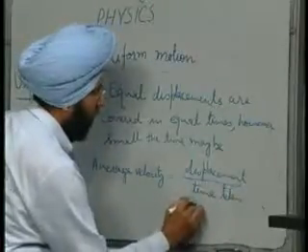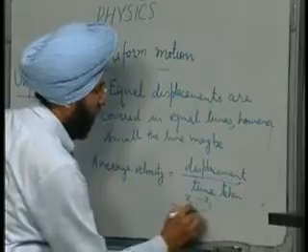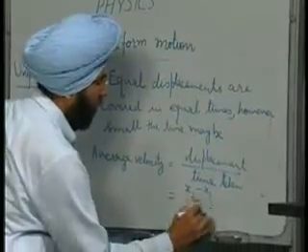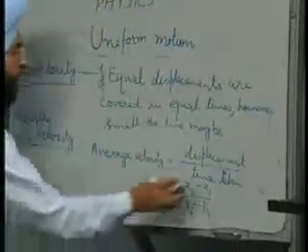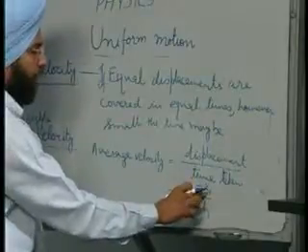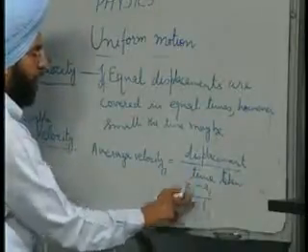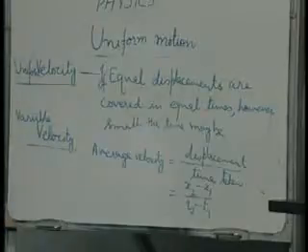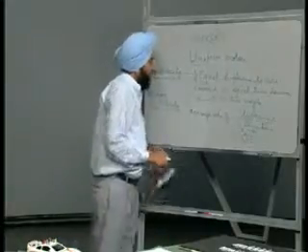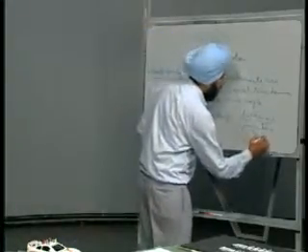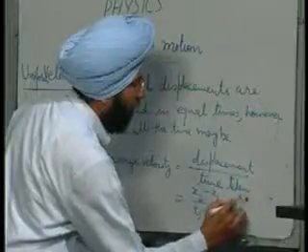That is x 2 minus x 1 over t 2 minus t 1, when the motion is recorded at time t 1, x 1 is at t 1 and x 2 at t 2. So, this is delta x over delta t.